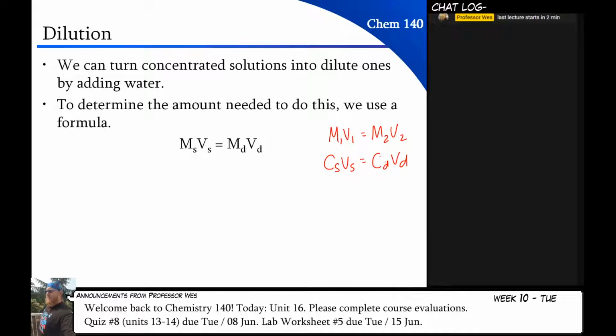C and M are just concentrations, and V is a volume. So we're going to stick to the one that's in your text, which is the one that you see right here. And we're going to use this. But first we need to explain what the variables do. So take a look at those for just a second. And then I'll explain them, because this is pretty self-explanatory if you have been following along.